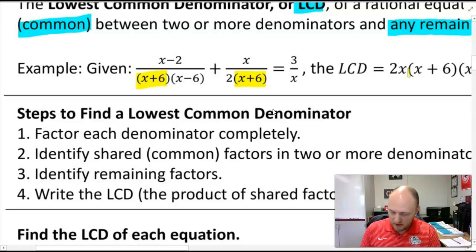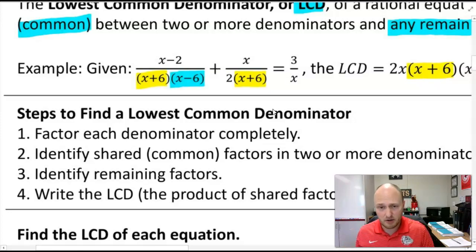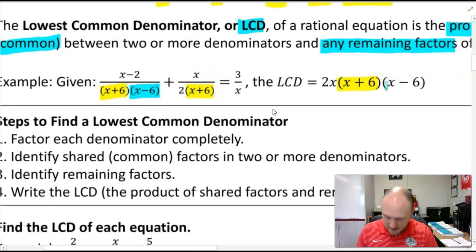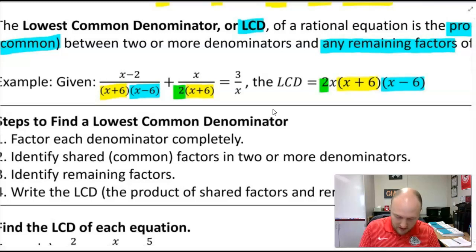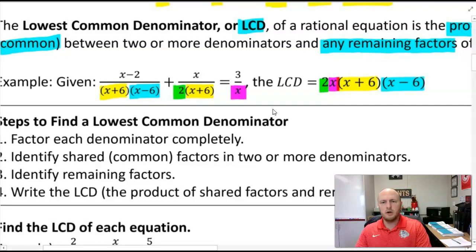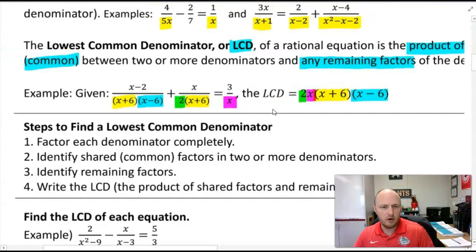That's going to be part of the lowest common denominator. And then we also have these other remaining, non-shared factors in the denominator: an x minus 6, a 2, and an x. That's an example of the lowest common denominator.